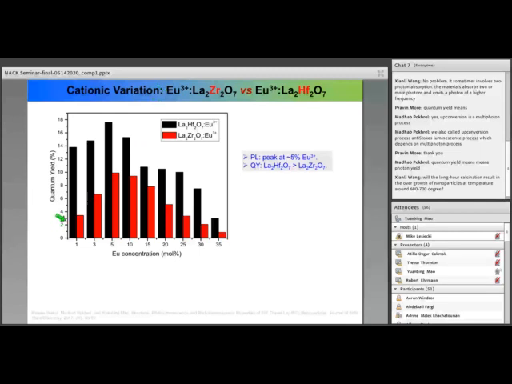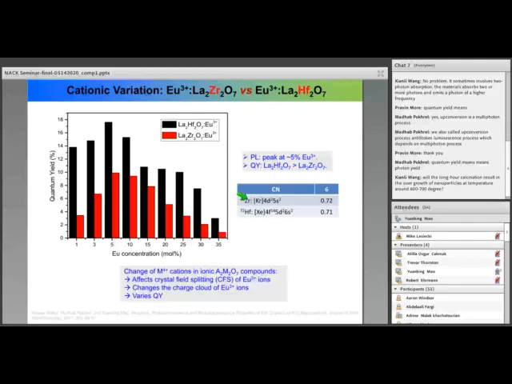So one thing I want to show you here is the quantum yield, right? This is the europium doping concentration. What we will see is that with these two host materials, at the same europium concentration, the quantum yield of the one is always higher than the other one, right?